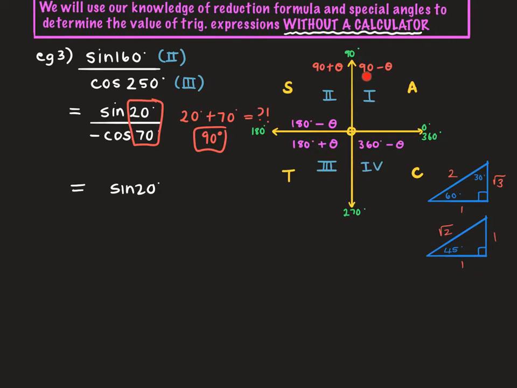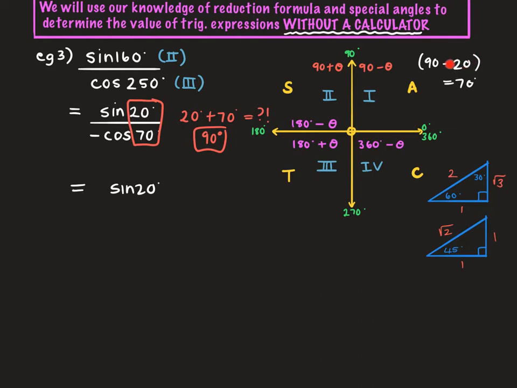All right, because 90 minus 20, let me write it here, we know that is 70 degrees. And we know that in quadrant 1, all your functions are positive. So when it switches to sine, it would switch to positive sine 20.